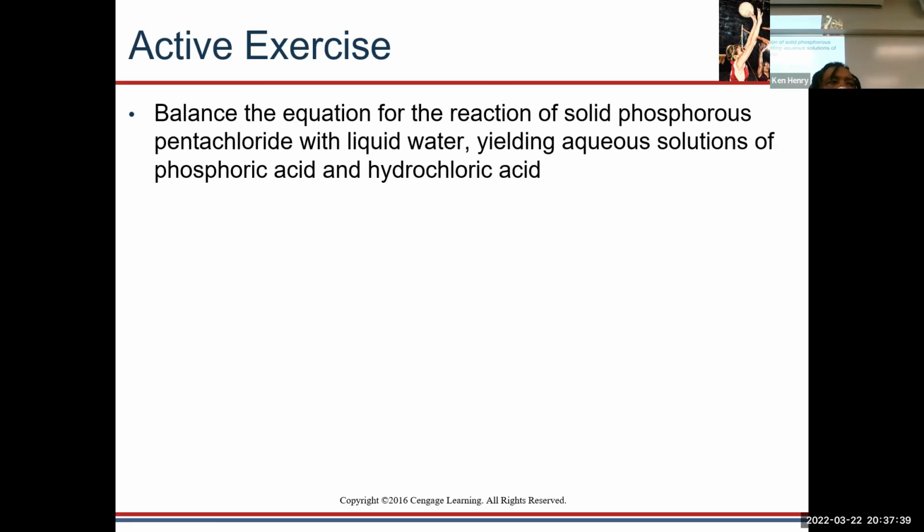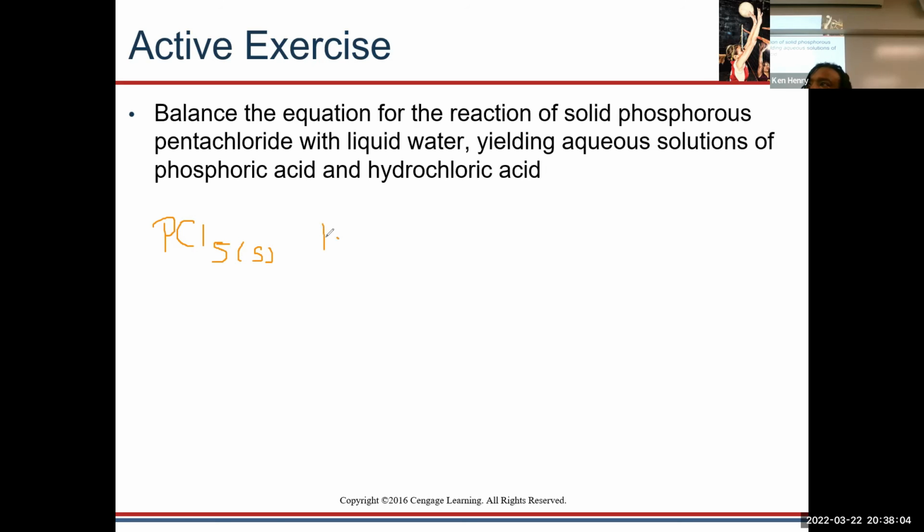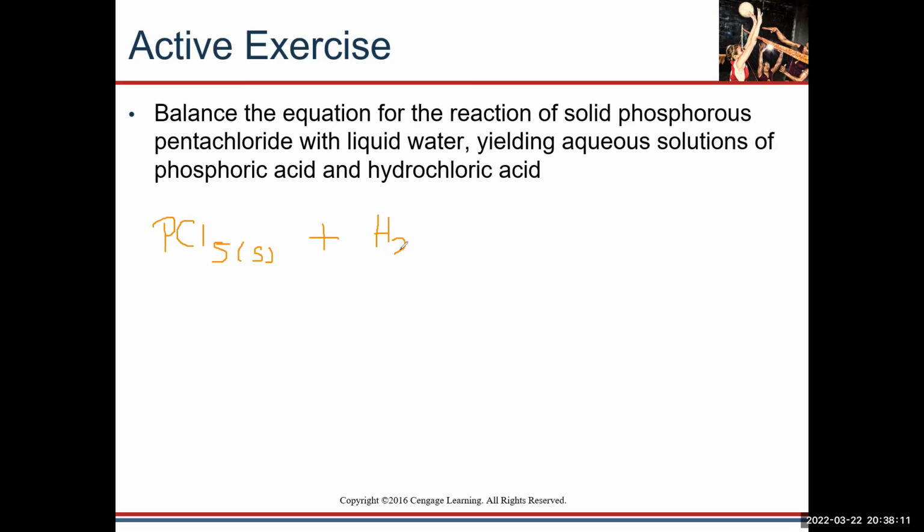That's one compound. What is phosphorus pentachloride? PCl5. Solid, liquid, or gas? Solid. Perfect. It's reacting with water. Chemical formula for water? H2O. Solid, liquid, or gas? Liquid.